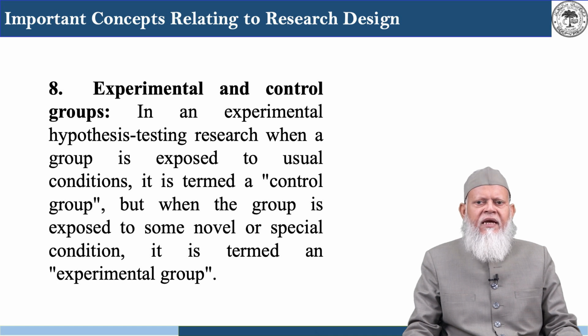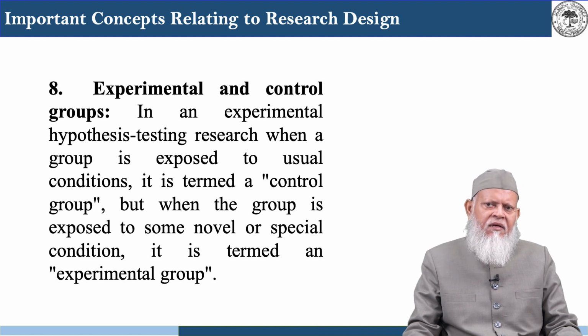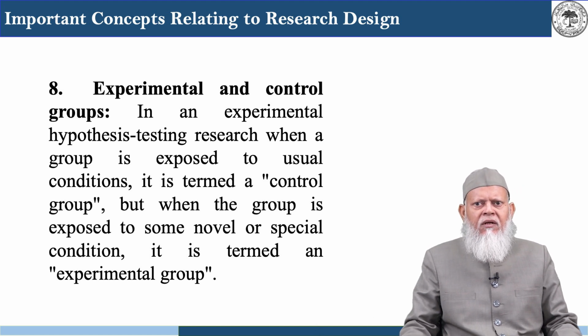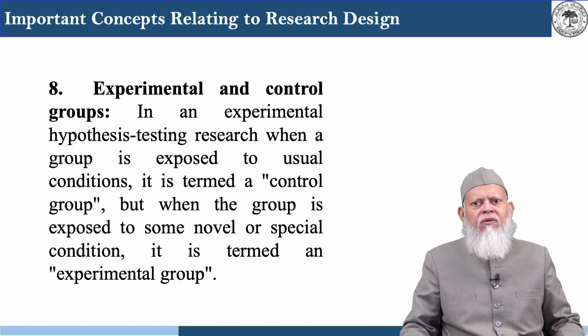Further, next example, when we are studying the impact of special coaching, what did we do? We made two groups. In one of the groups, there was normal coaching. There was no special coaching.